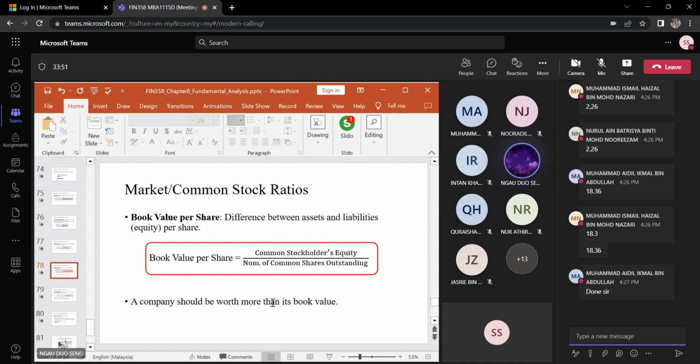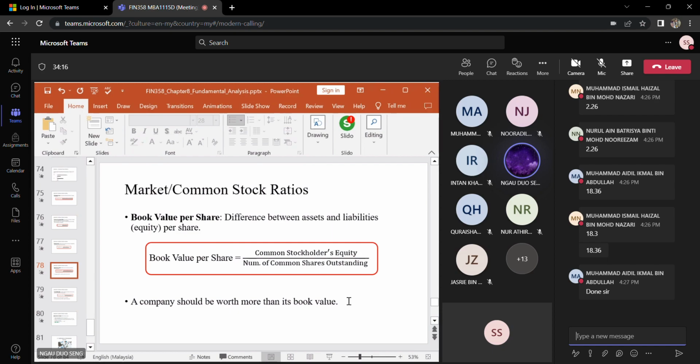So a company should be worth more than its book value. Right? Why do we say that a company's value, nilai sesebuah syarikat, mesti melebihi nilai buku dia, sebab nilai buku adalah, I can say, a past, apa yang dah berlaku. Contoh kalau kita beli tanah, kita akan rekod harga tanah masa kita beli.